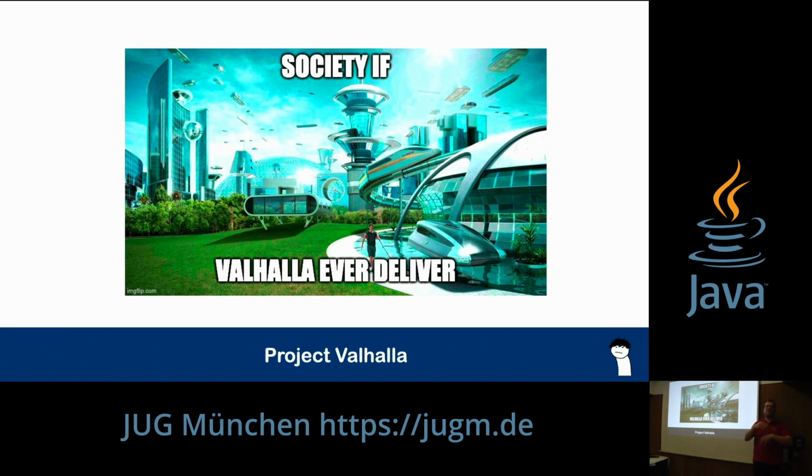We don't have any directly Valhalla one. However, one of the Panama ones is already referencing Valhalla and value types, and it's already targeted, so probably something is happening behind the scenes. So I hope that this year we'll see the first version of Valhalla as well, at least in preview.